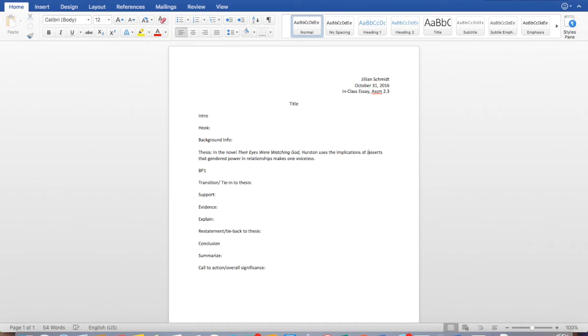In the novel, Their Eyes Were Watching God, Hurston uses the implications of Janie's and Jody's differing sex to assert that gendered power in relationships makes one voiceless.